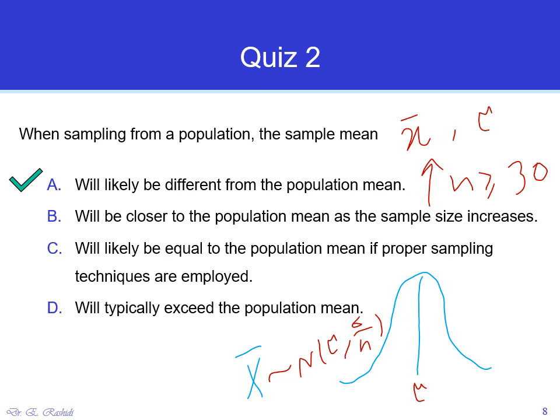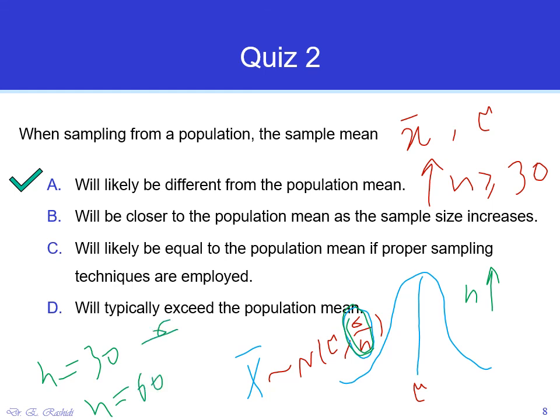So if you look at the standard deviation of sample mean, it's divided by n, the size of the sample. If n increases, then sigma over a square root of n, this value becomes smaller and smaller. For example, suppose n is 30, and compare that with n equal to 60, for example.